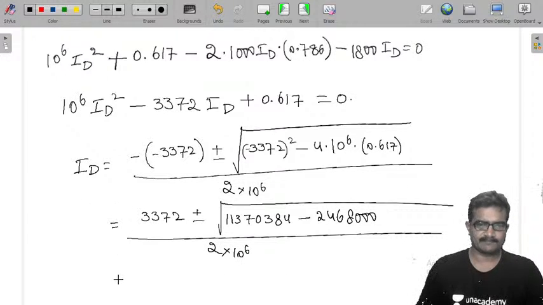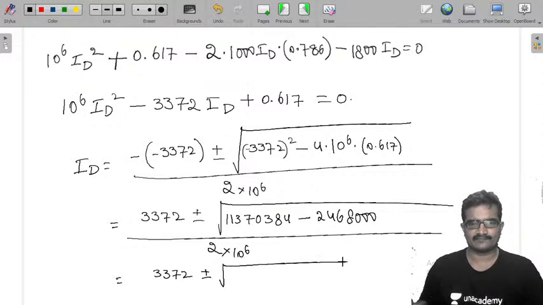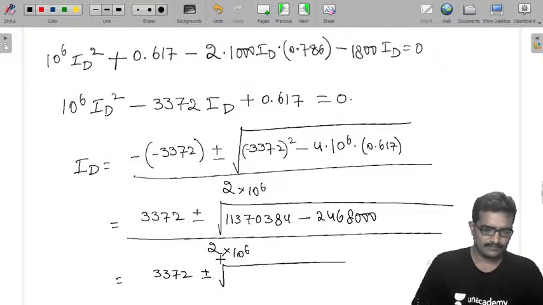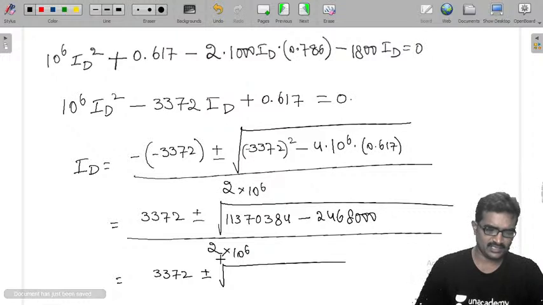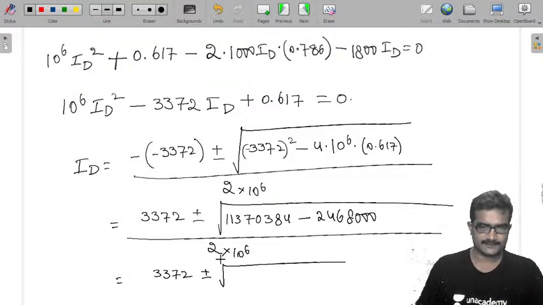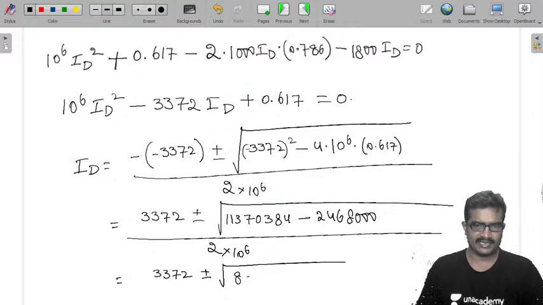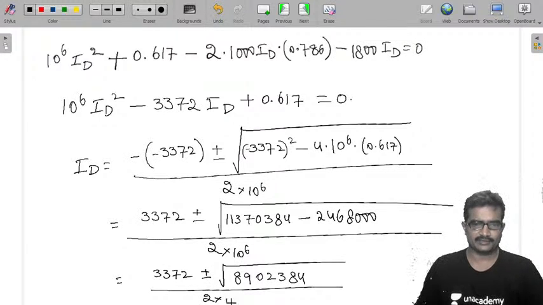So now it is 3372 plus or minus square root of 11370384 minus 2468000, that is 8902384, divided by 2 into 10 power 6.